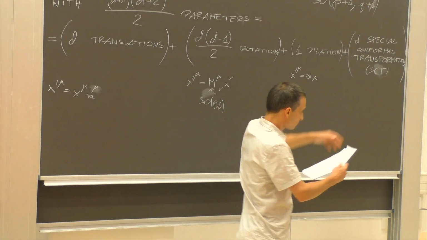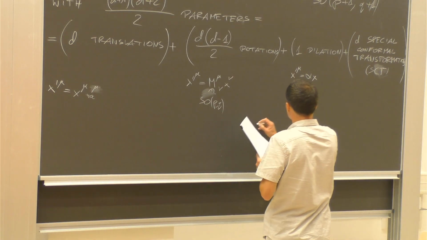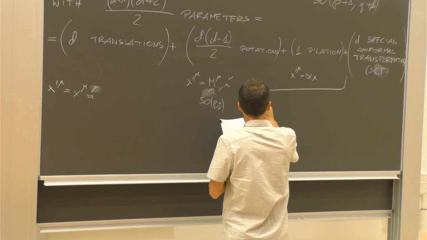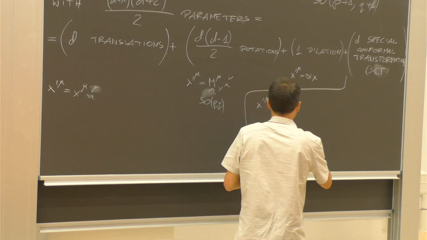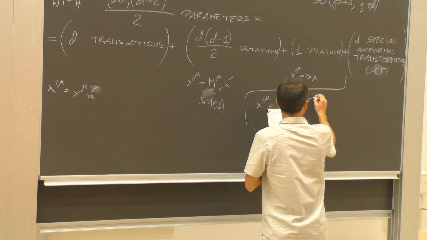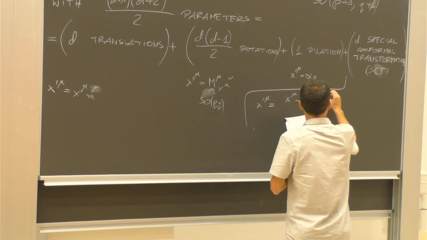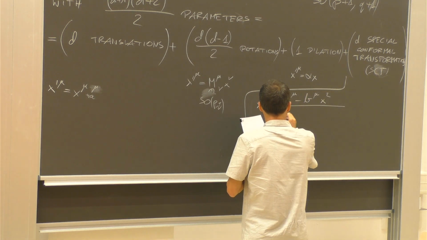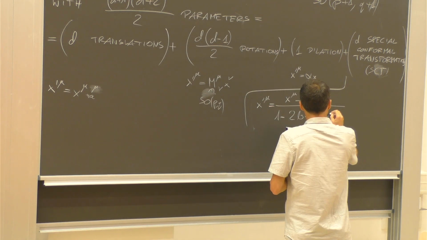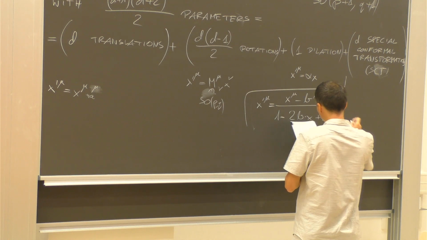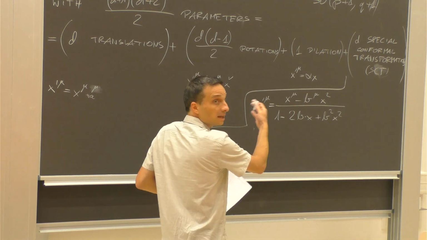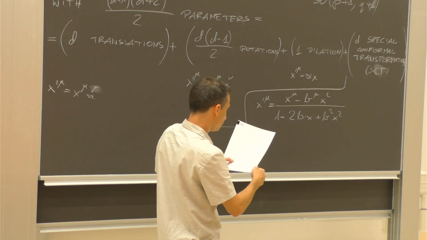But for now, let me just write also how these special conformal transformations look like. They can be written in the following form, which at first sight might not be completely obvious what it means. However, it can be interpreted as a translation which is followed and preceded by the inversion.